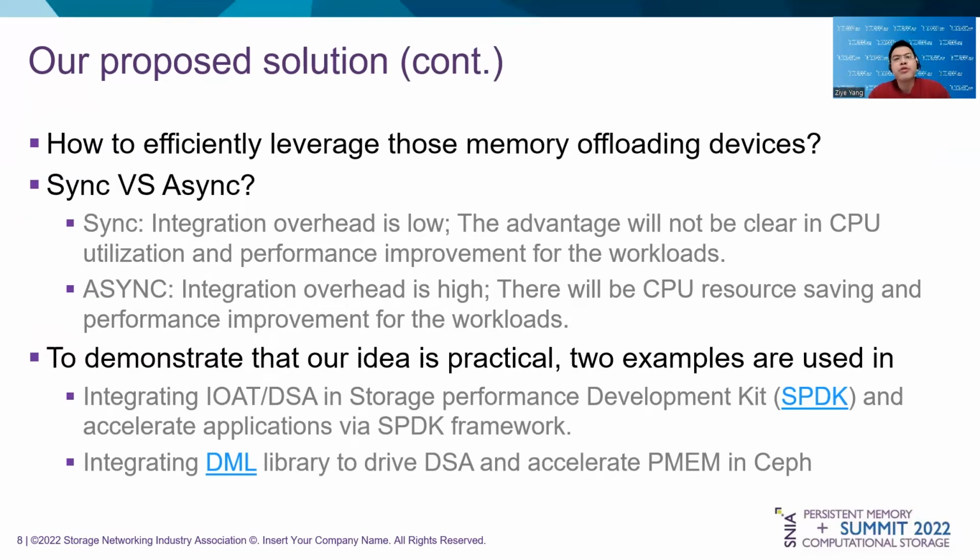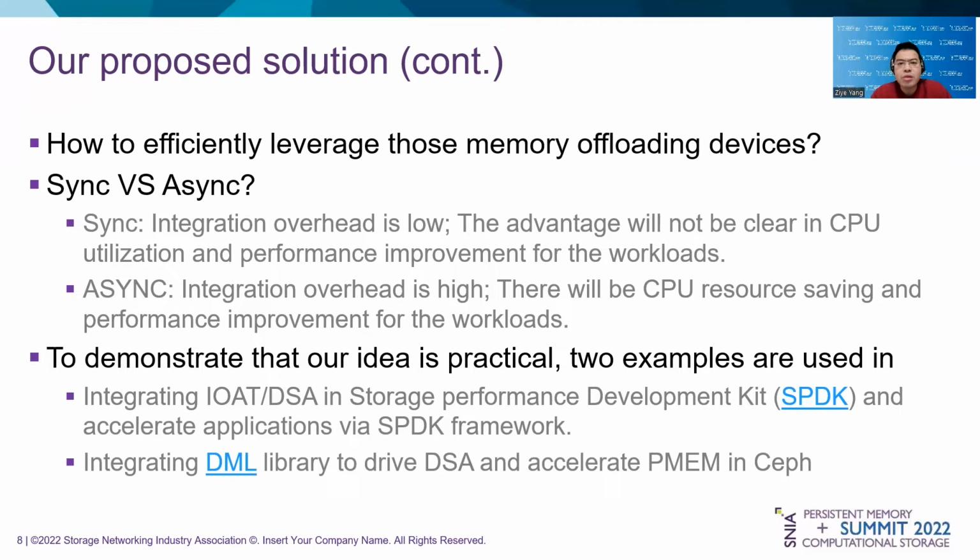And how do we efficiently leverage those memory offloading devices? We know there are two methods to integrate memory offloading devices. It is the sync and the async method. If we use the sync method, the integration overhead is low.